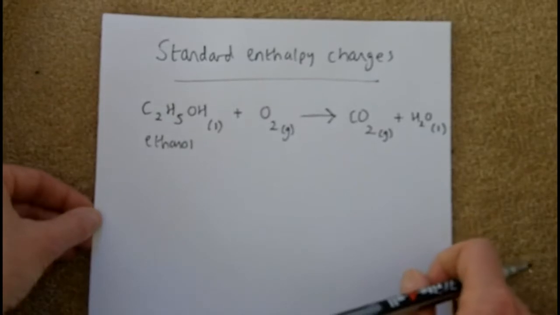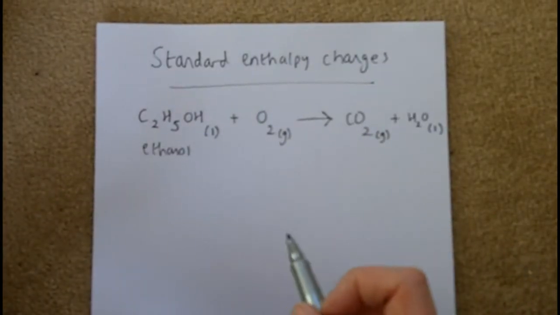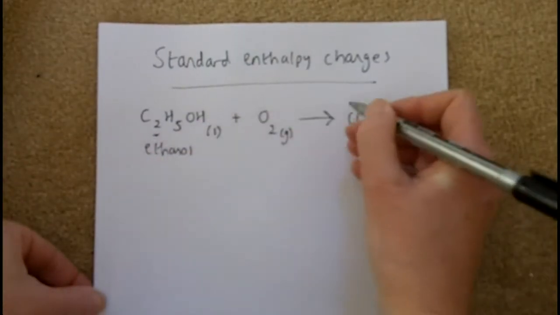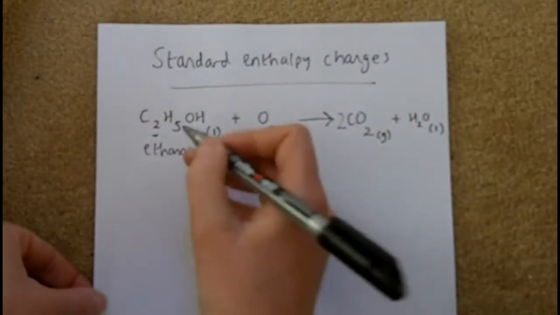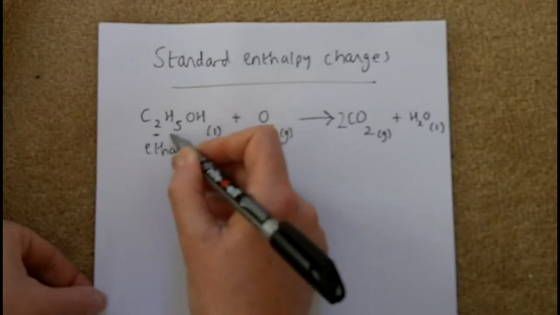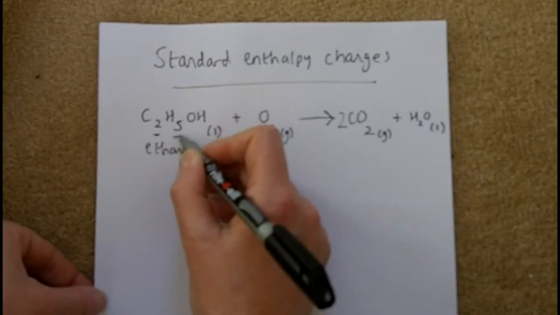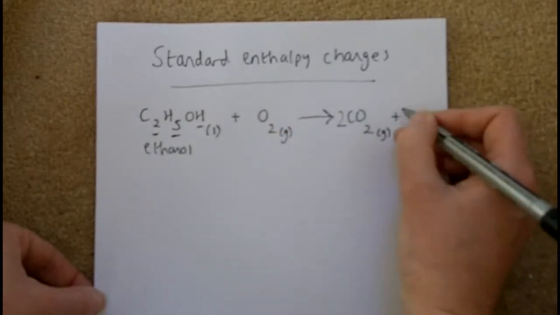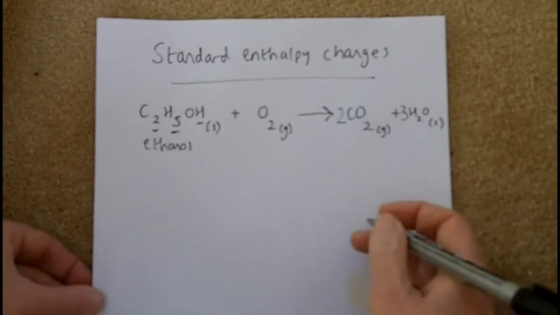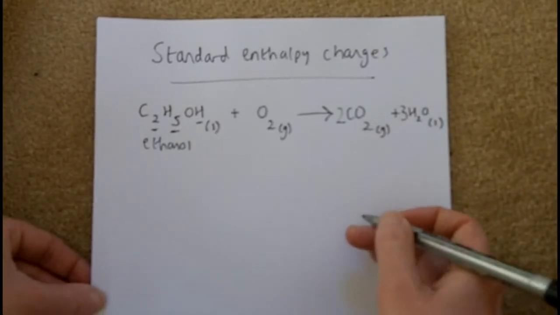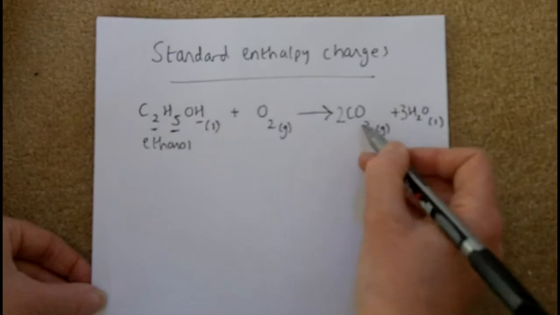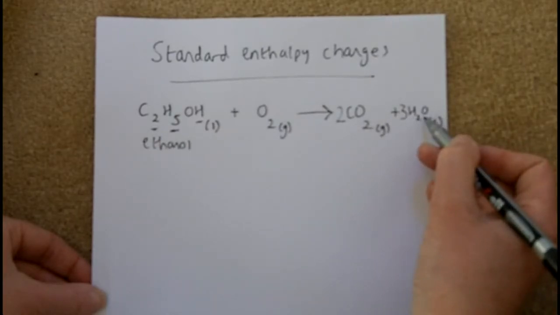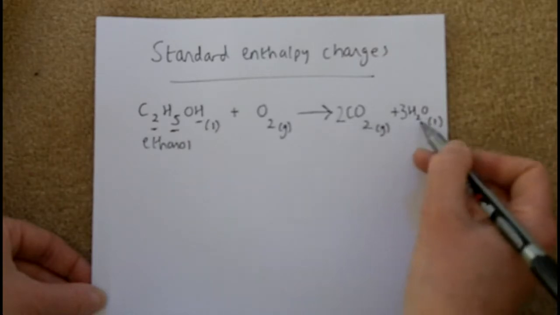Okay, now when you're balancing this kind of equation, you always balance the carbons first. So there's 2 carbons, so we put 2 here. Balance the hydrogens next. There's a total of 6 hydrogens, so we need 6 on this side, so we put 3, which will give us 6. Then balance the oxygens last. 4 oxygens, 3 oxygens, that's 7 oxygens in total on the right hand side.